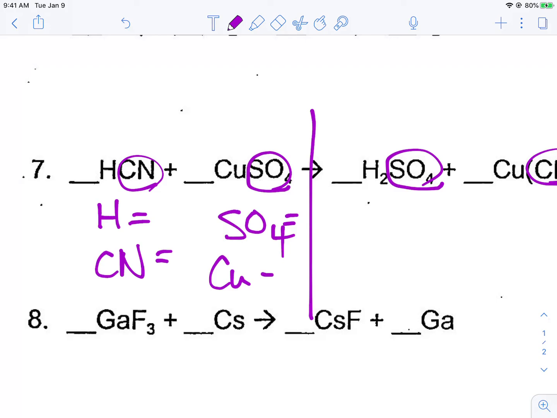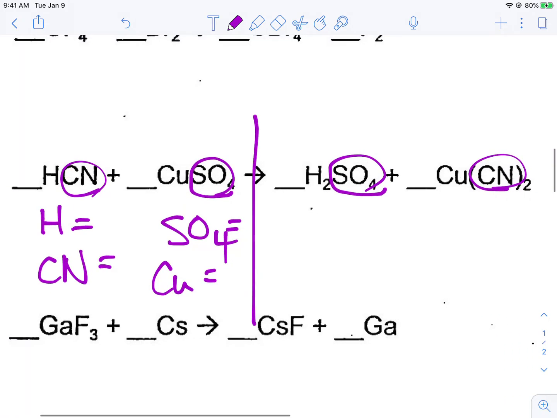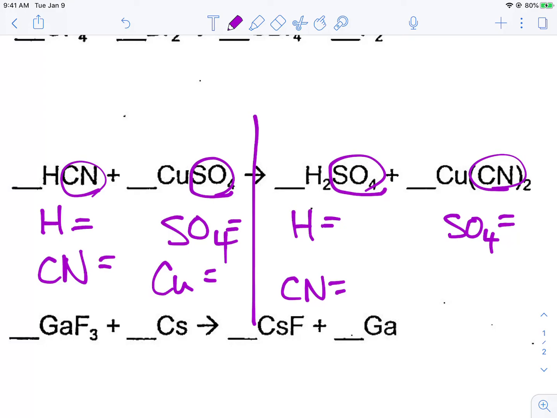So now this kind of chunks your counting a little bit and it makes it a little easier. Keep them in the same order, and Cu. Again, this is just a shortcut. You do not have to do it this way. If you're good breaking it up into individual elements, just do it that way.